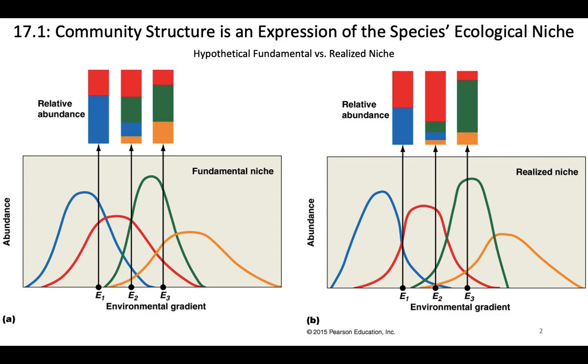In this fundamental niche, you're not seeing an interaction between species influencing the optimal gradient and abundance along this gradient, but you'll see a slight shift in the realized niche because of the interactions between these species, and so they're not going to perfectly match up with what you might expect in a fundamental niche.